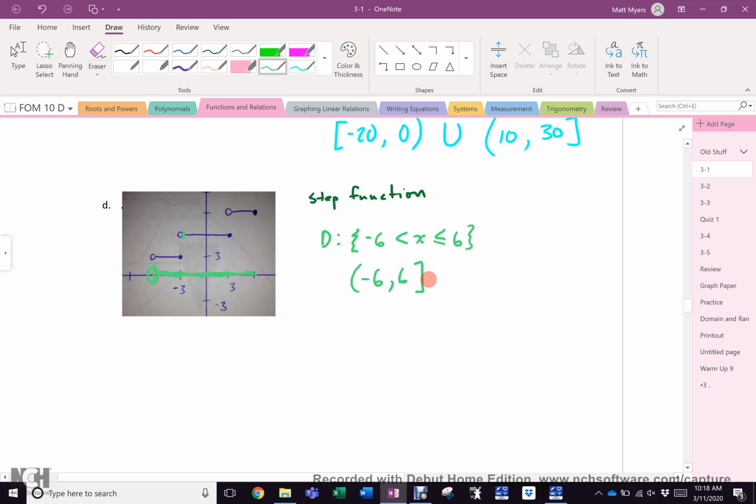Right? Now, this is tricky. What is the range? Where do I find range? Only on the y-axis. You know how to write this. You've seen enough. It's tricky. This question has everything we've done so far in it. Big hint. Everything we've done so far in it.